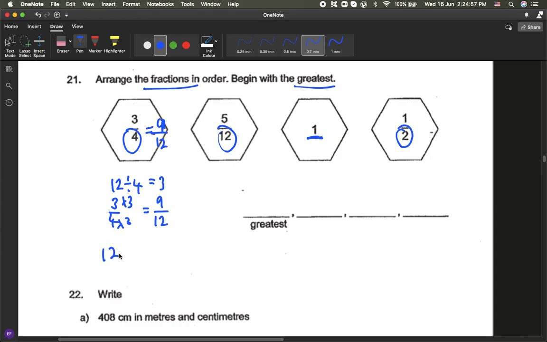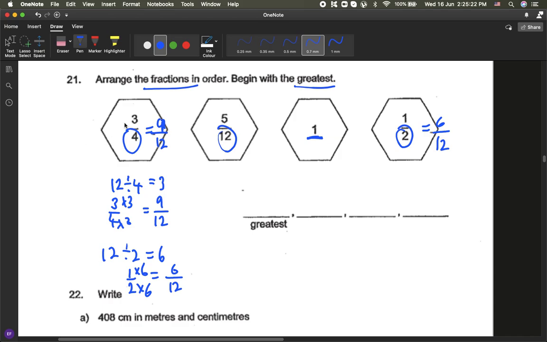Is 12 divisible by 2? Yes. We get 6. So 1 over 2 can be converted to another fraction by multiplying this by 6 and this by 6. So we get 6 over 12. So half is equal to 6 over 12.